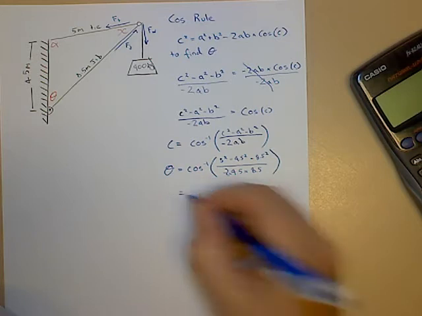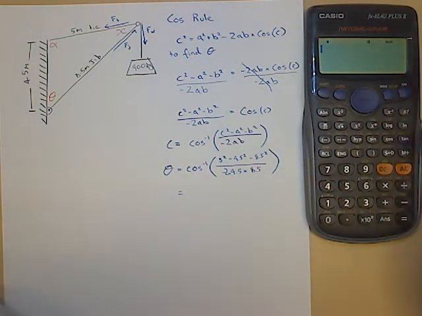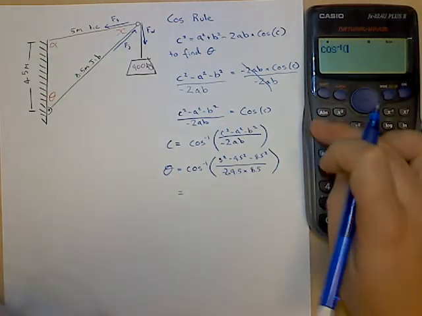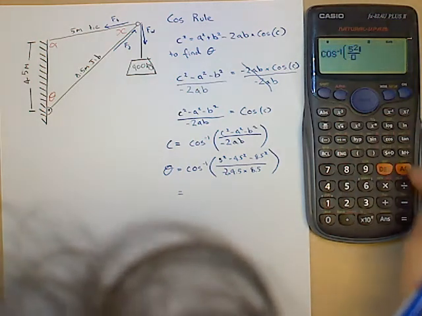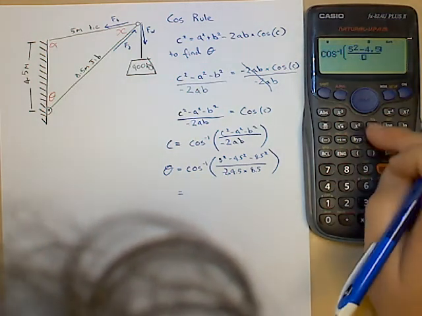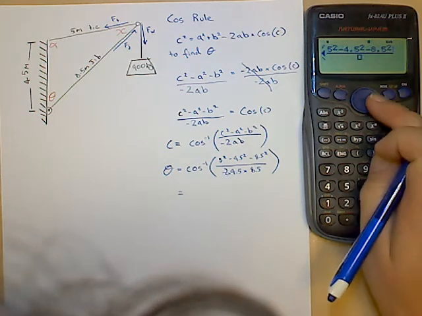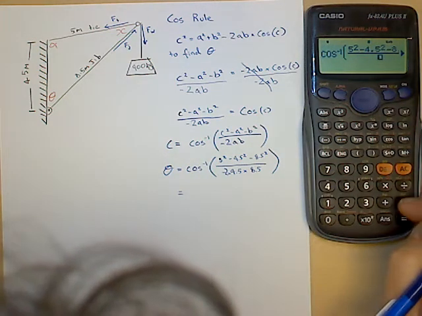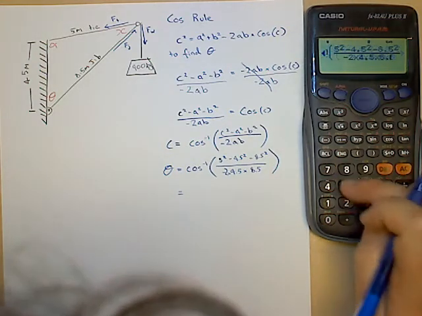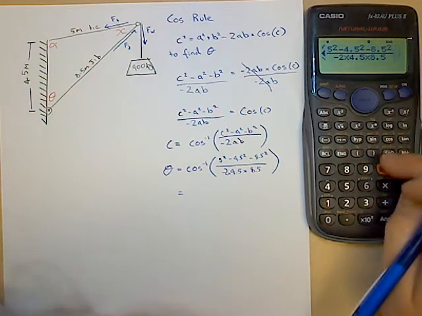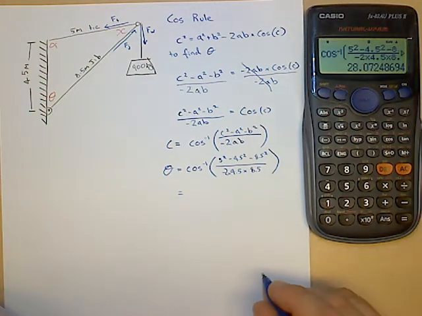We can put that into the calculator: shift cos, big brackets, big fraction, 5 squared minus 4.5 squared minus 8.5 squared over negative 2 times 4.5 times 8.5, close brackets. Let's see what we get. 28.07 degrees.